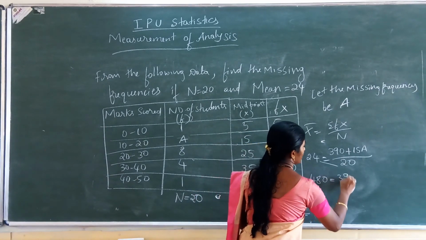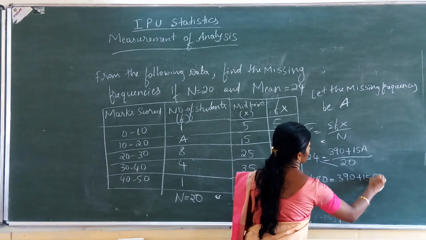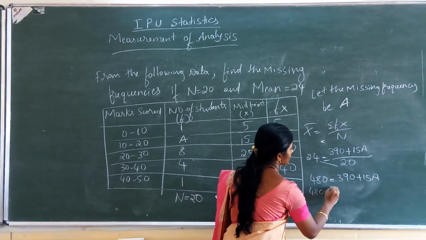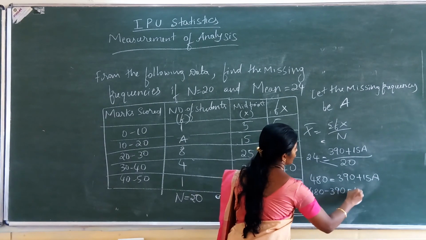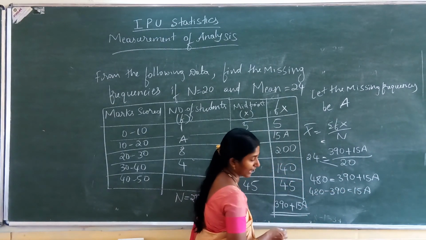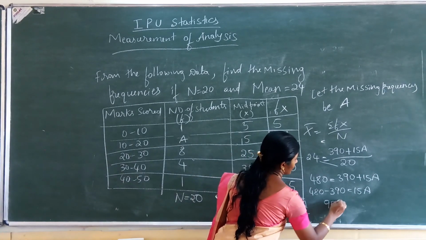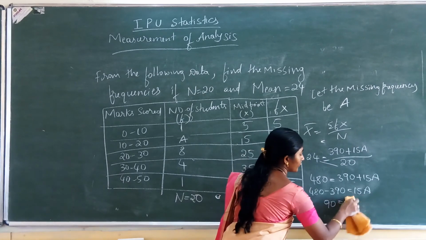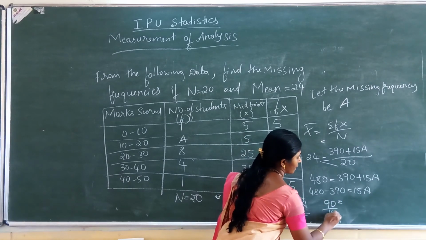So 480 equals 390 plus 15a. Here 480 minus 390 equals 15 into a. After subtracting we will get 90. 90 equals 15a. Here 15 comes to the other side, divide by 15.